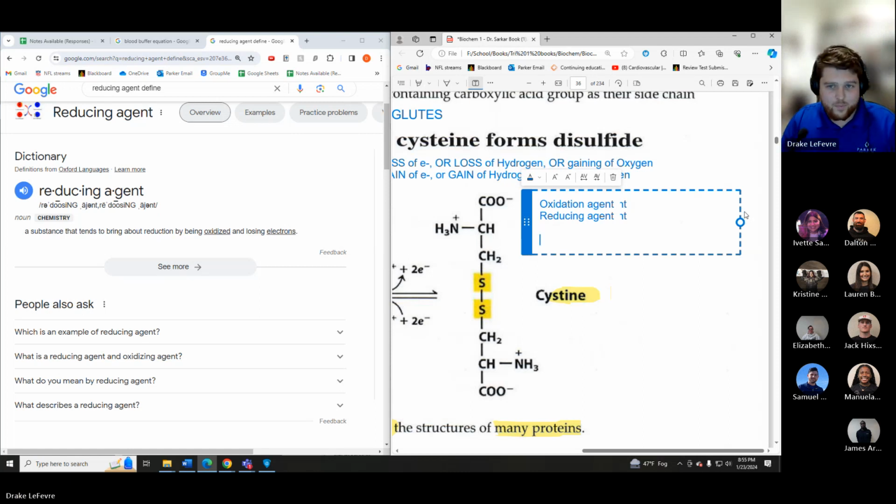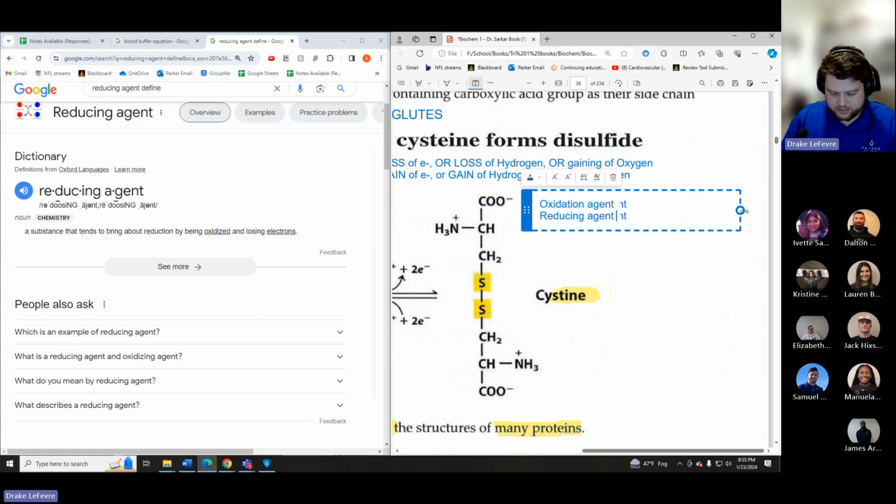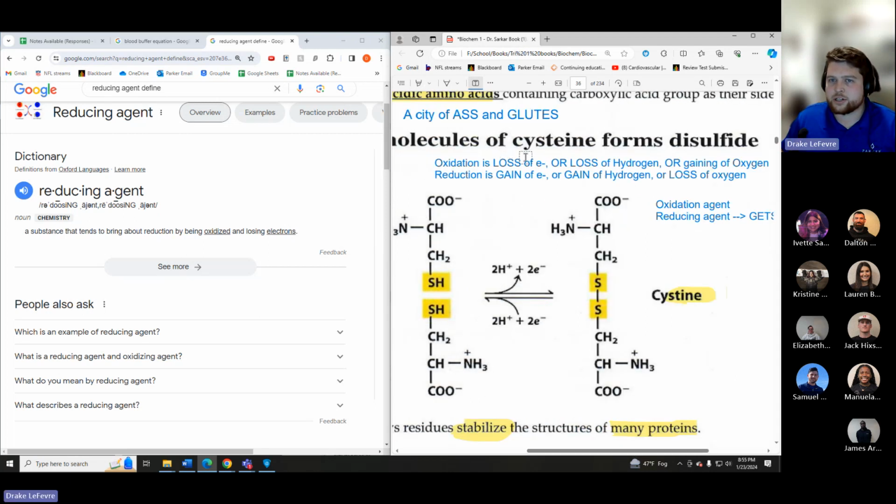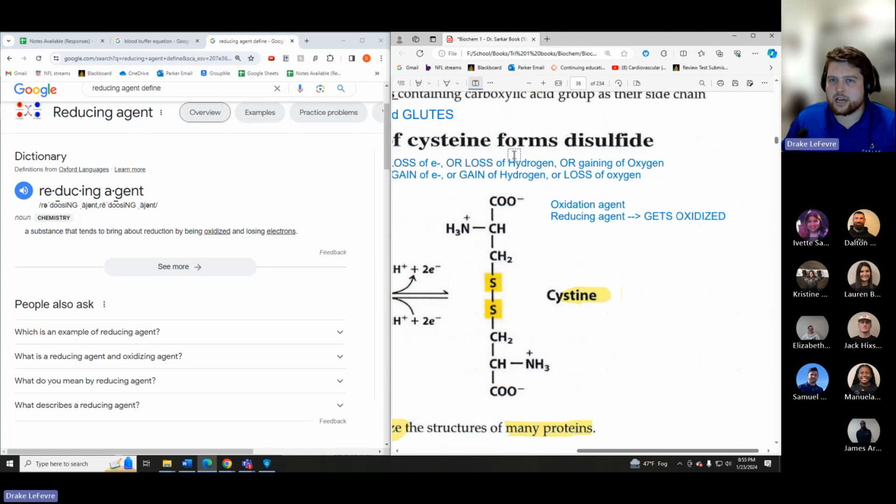Okay. So reducing agent. The reducing agent is a substance that tends to bring about reduction. So it's going to cause reduction by being oxidized. So the reducing agent gets oxidized. So the reducing agent loses electrons, loses its hydrogen, or gains oxygen.